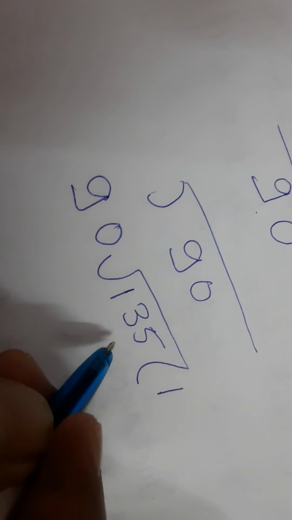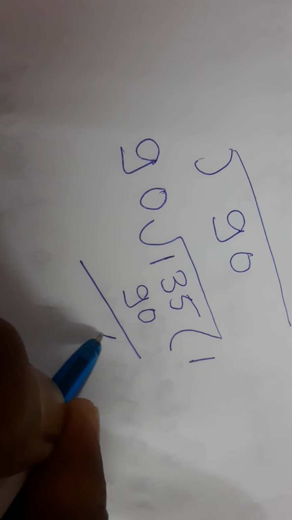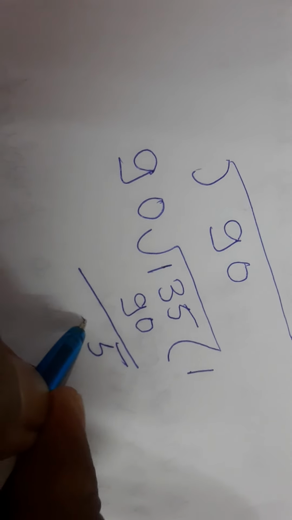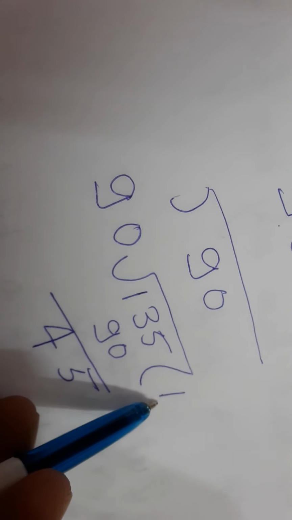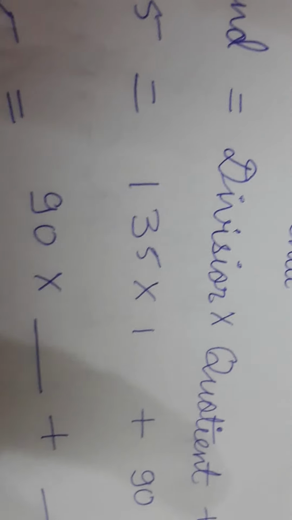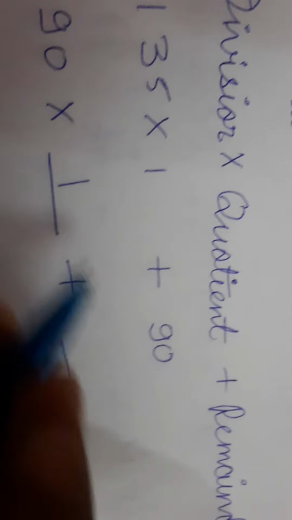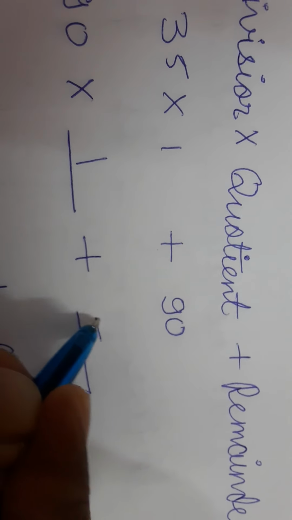One times. We received quotient 1 and remainder is 45. Okay, we put this value: quotient we have received 1 and remainder is 45.